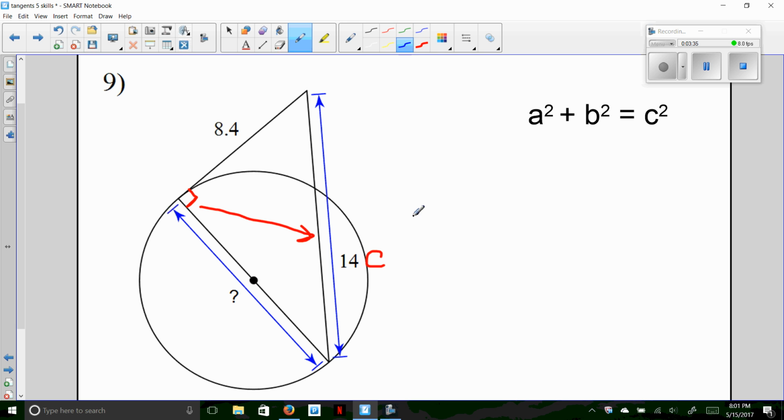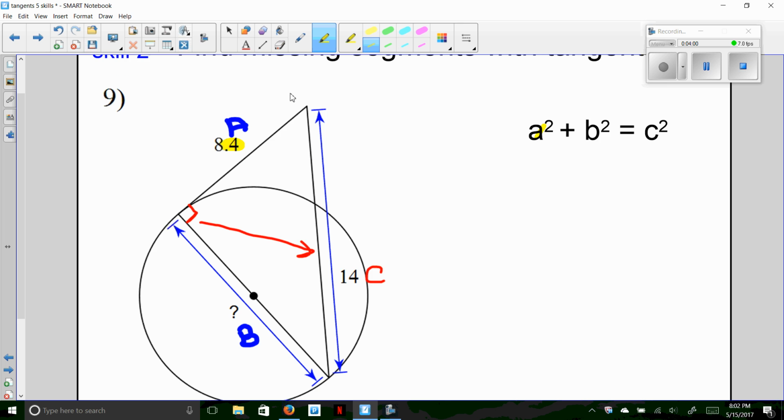You're not trying to find C, you're trying to find A or B. If I label this A, this whole side here would be B. So I would put 8.4 squared, leave B a variable, then put 14 in for C and use Pythagorean theorem to find my missing side. That's how you find missing segments with tangents.